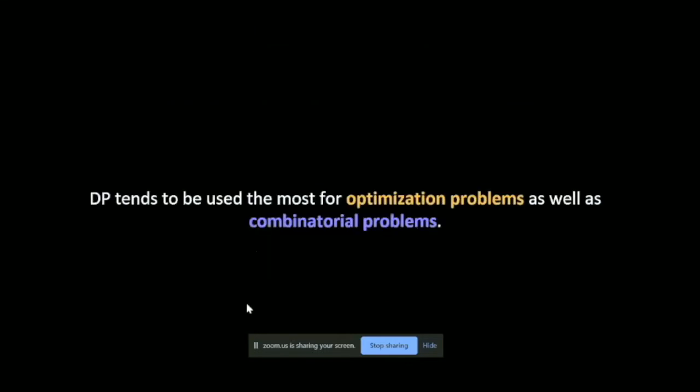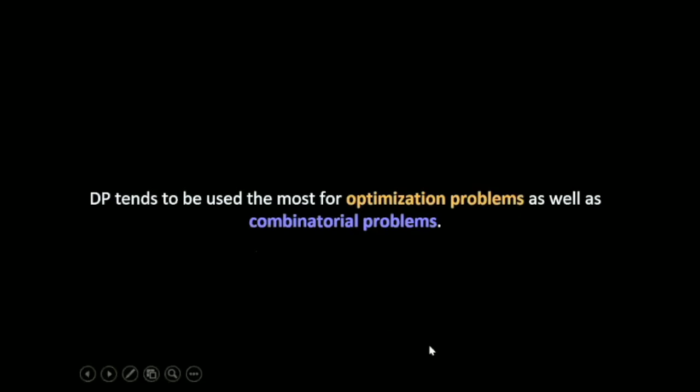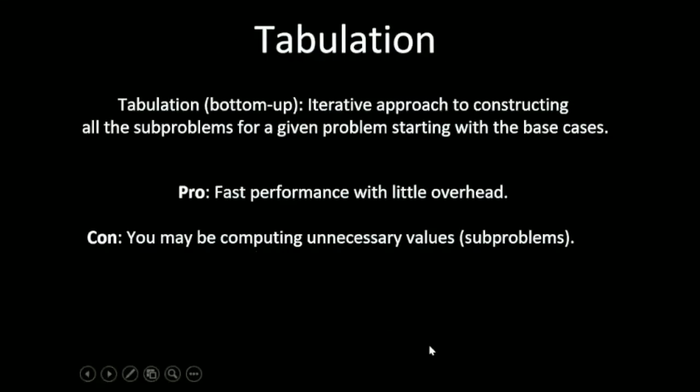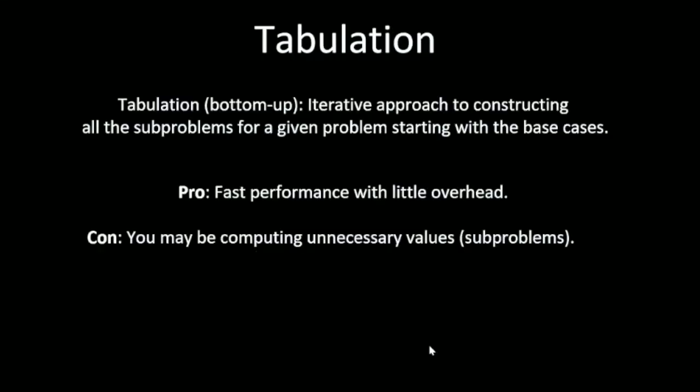Yeah, so we use DP mostly for optimization problems as well as combinatorial problems. So I'm going to just show some approaches of what we can do in dynamic programming. Tabulation is one method. You can solve a dynamic programming problem using tabulation, but for this you have to follow a bottom-up approach.